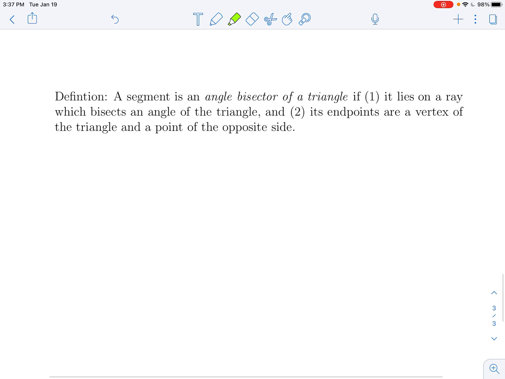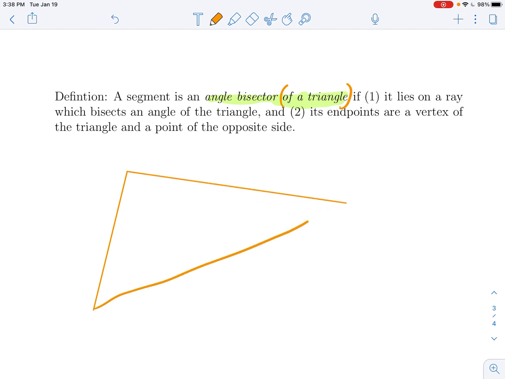Now, another definition is angle bisector of a triangle. So in the context of a triangle, sometimes we will use the term angle bisector in a slightly different way. So I'm going to draw a triangle, like so. So here's triangle ABC.